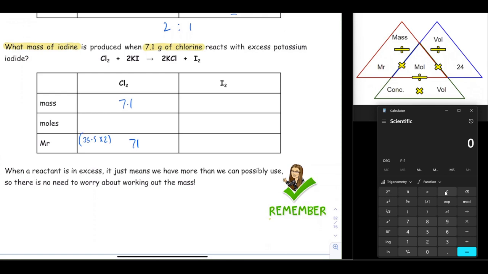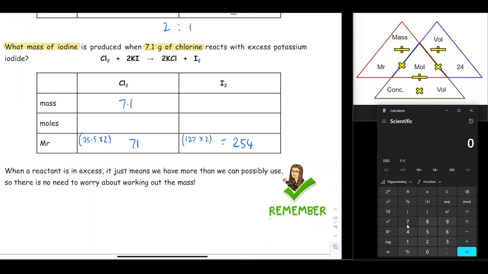And iodine is 127 times 2, which gives us 254. Now I can start doing my mole calculations. The reason why I do my MR over there is because then I can just keep my moles on my calculator, and it makes the sum a lot easier. It makes it flow a lot quicker. It also stops me from getting any kind of input error when I have to re-input my moles.